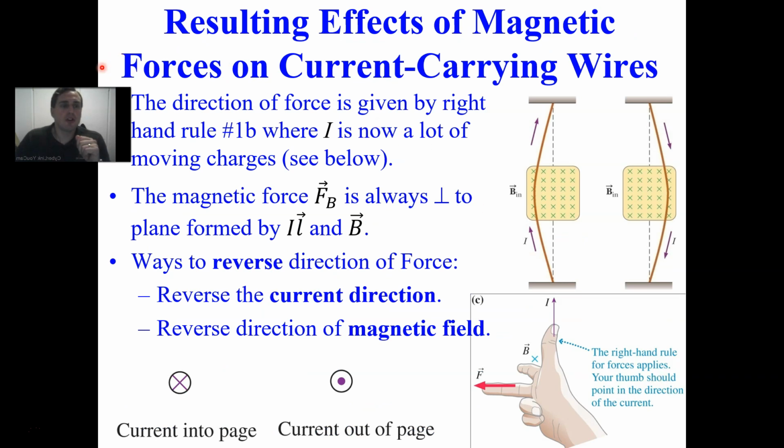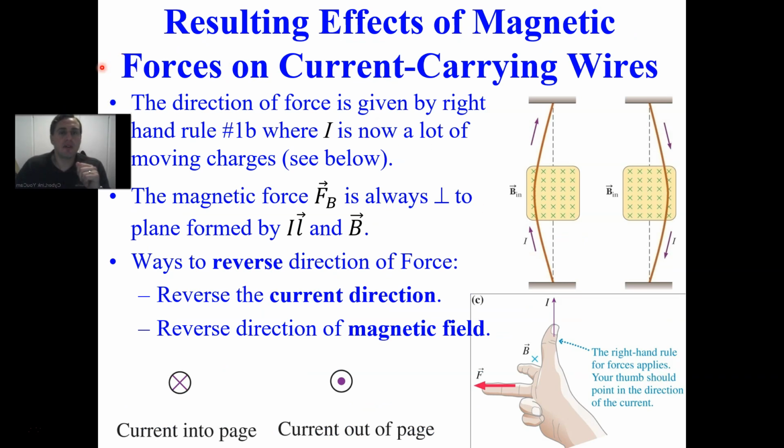So here are the resulting effects of magnetic forces on current carrying wires. The first thing is the direction of the force is given by the right-hand rule that we saw before, but I will call this right-hand rule number 1B, sort of the companion to right-hand rule 1, where I is now a lot of moving charges.